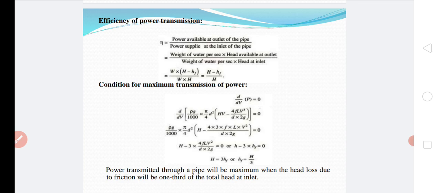So H equals 3hf, that is hf equals H upon 3.